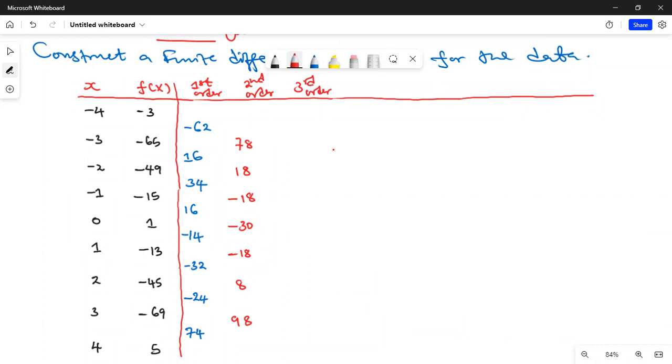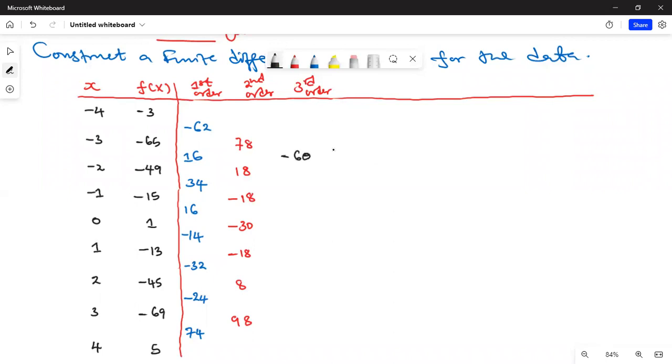Remember, we're proceeding until you get to constant figures under a particular column, so that it means when you subtract the same constant minus the same constant, you get 0. So there's no need of writing the zeros. We go until we reach a constant figure. So 18 minus 78, that's negative 60.